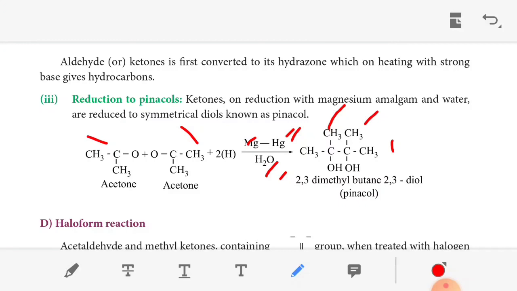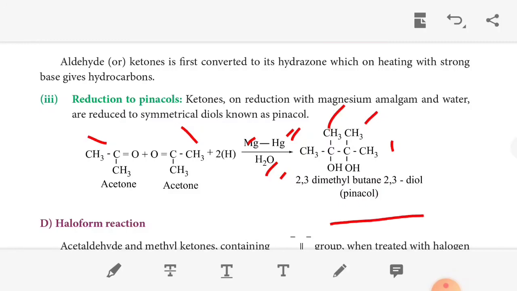This is called 2,3-dimethyl. How many methyl? 2 methyl. The butane chain has OH on the second carbon and OH on the third carbon. How many OH? 2 OH, so it is called a diol. 2,3-dimethylbutane-2,3-diol is called pinacol.